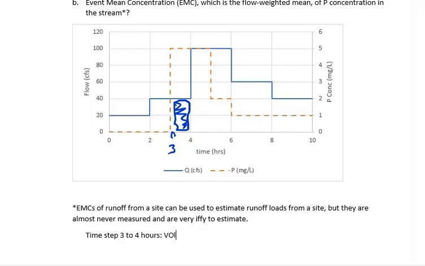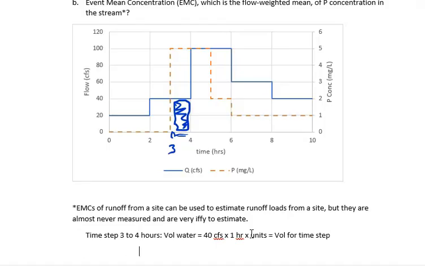So volume of water equals the flow of 40 cubic feet per second times 1 hour. So it's a 1 hour time step, right? Between 3 and 4 hours. That's 1 hour there. And then again, like we keep saying, the unit conversion.